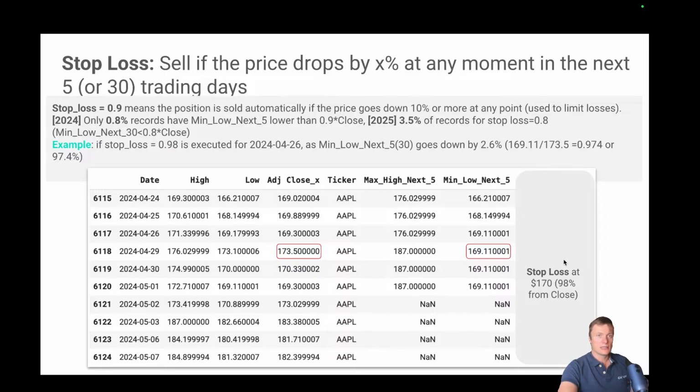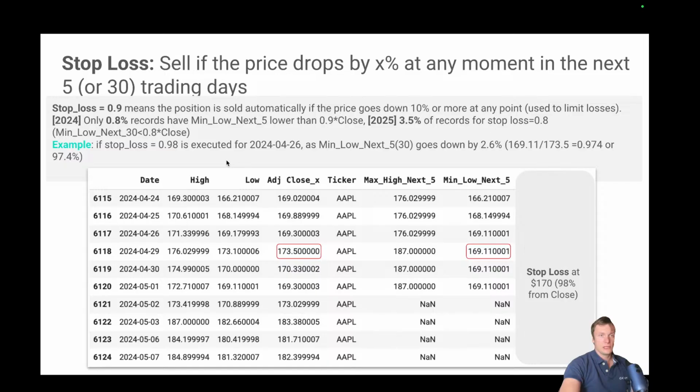So stop loss is that you want to cut your losses if the price drops by 10 or 20 or 30%, whatever percent you define, in the next 5 or 30 trading days. So 5 days was last year, 30 days is this year. I didn't update this screenshot, so here you have only 5 days, because for 30 days it would be quite complicated to show on one screenshot.